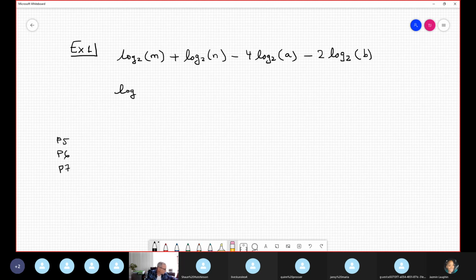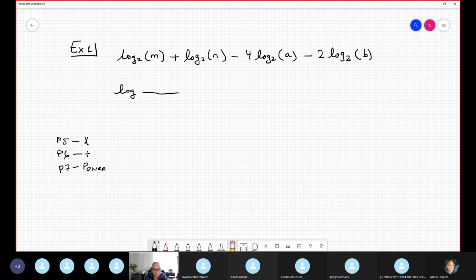For example, when you're condensing, normally the factor you express as a power. Property number 5 says multiplication. Property number 6 is division. And property number 7 is a power, no?